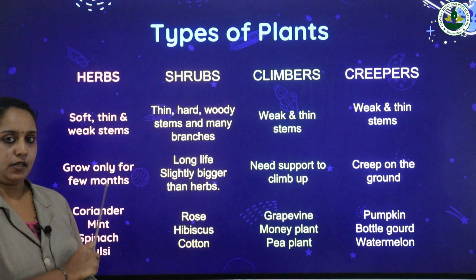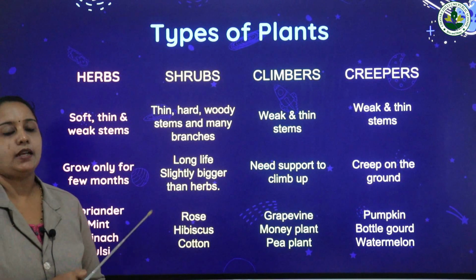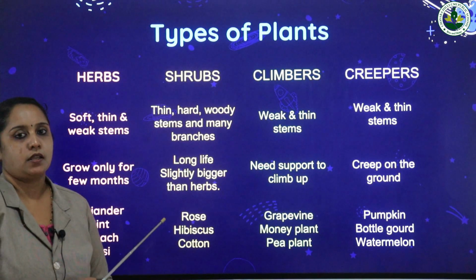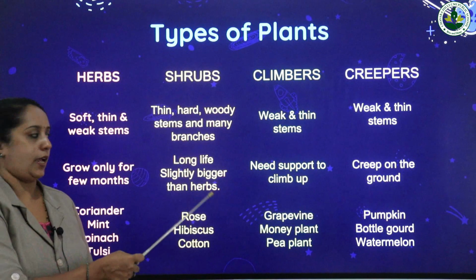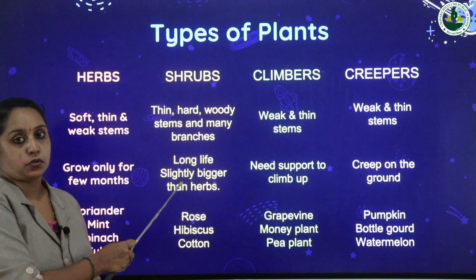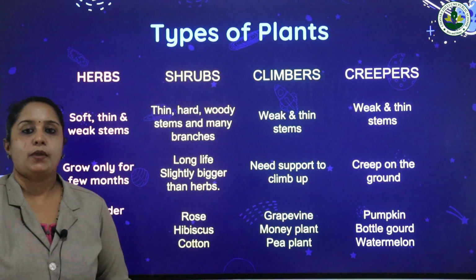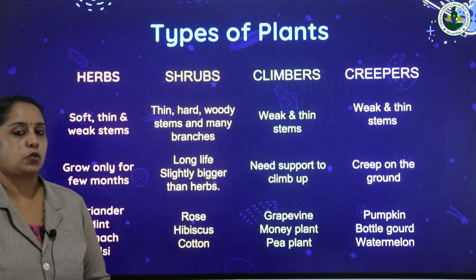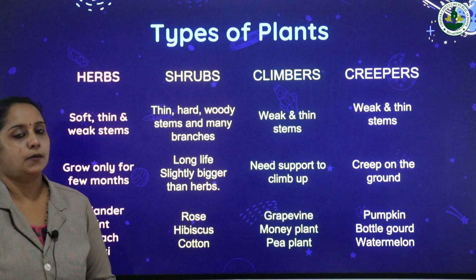Now, unlike these herbs, they live for a longer life. We said that herbs live only for a few months, but shrubs live for a much longer time. That is, they have long life, and in size also they appear much bigger than herbs. So herbs are very small, shrubs are a little bigger than herbs.